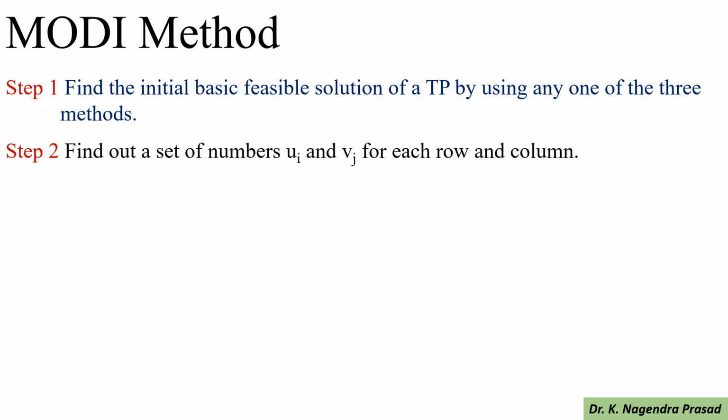The second step is to find a set of numbers ui and vj for each row and column, satisfying ui plus vj equal to cij for each occupied cell.